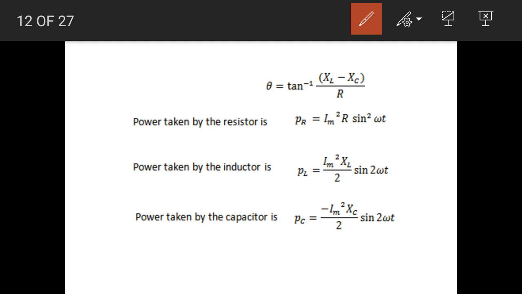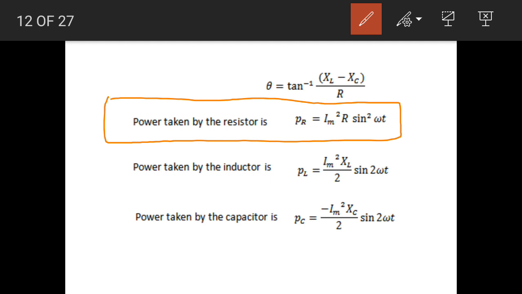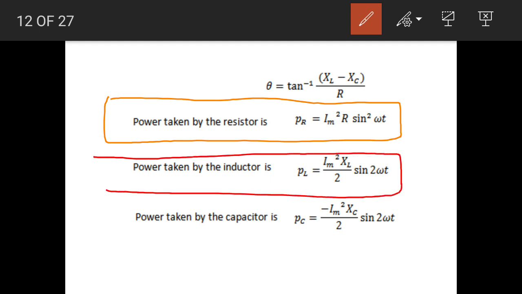You see, we have already discussed these equations. This is how we calculate the power which is taken by the resistor from the AC voltage source. This is the instantaneous power. We can find out the value of this power at any point of time. This is how we calculate the power taken by the inductor. This is the time varying power which is taken by the inductor from the AC voltage source.